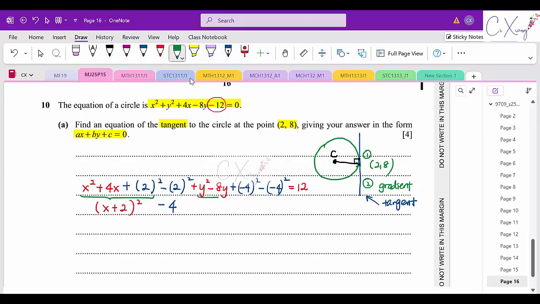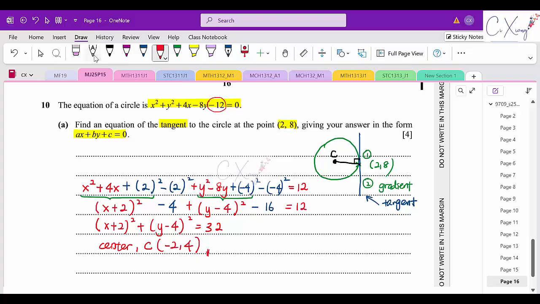The same happens for y: the first term is y, the second term is negative 4, with a square outside, and then negative 16, since 4 squared is 16, equals 12. We keep the brackets with squares on the left and move all the values to the other side, and this is 32. From here, you successfully get the center of the circle, which I label C: (negative 2, 4).